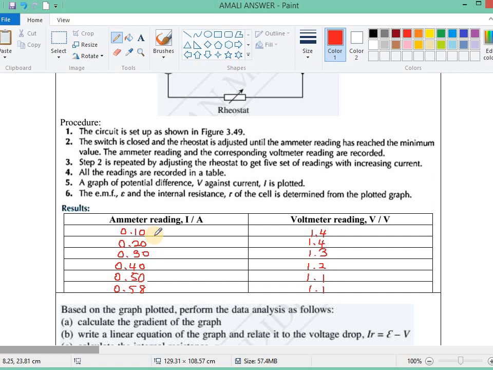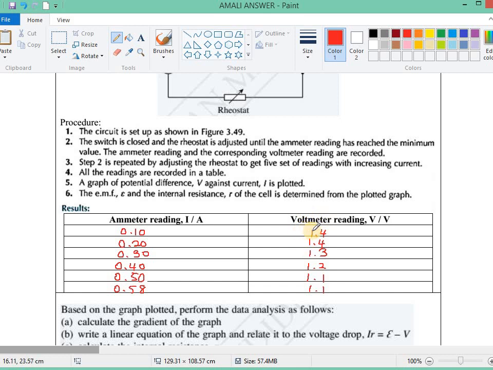In this ammeter, you can measure the smallest to 0.02 ampere. So your reading must be 2 decimal places. So 0.10, 0.20, and so on. Remember, all the decimal places must be the same. In the same column, all must be the same.